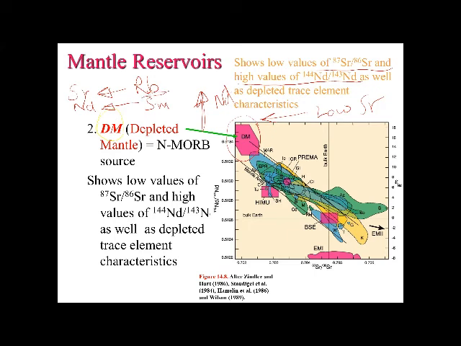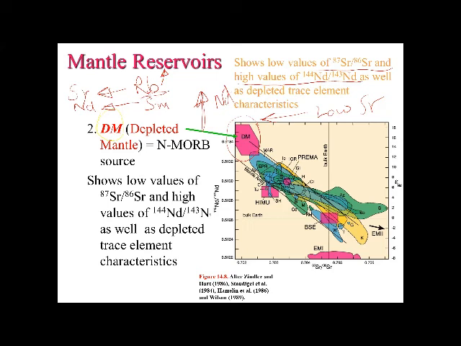The behavior of rubidium and samarium are different. Rubidium is highly incompatible, meaning it readily incorporates into the melt.